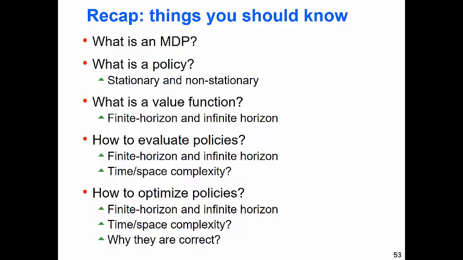We had different ways of doing that. We learned why the optimization algorithms were correct, which is very important, and we saw a little bit about the time and space complexity. And so that's sort of the bread and butter of MDPs: MDPs, value functions, policies, and then value iteration and policy iteration.